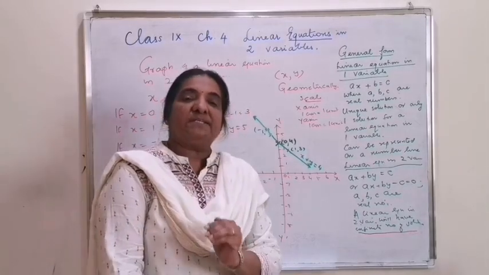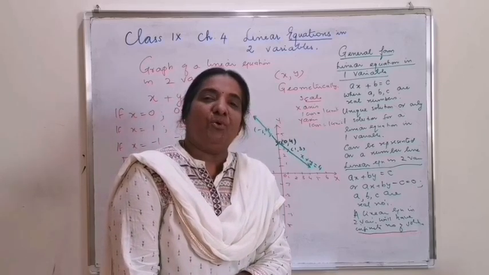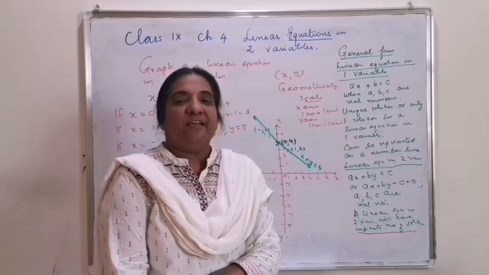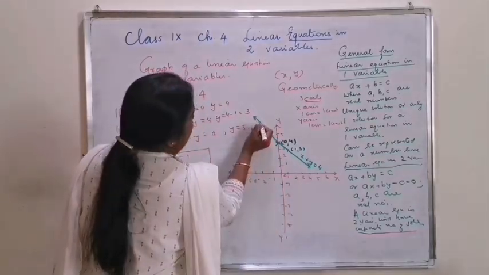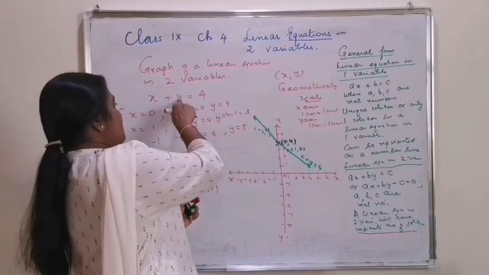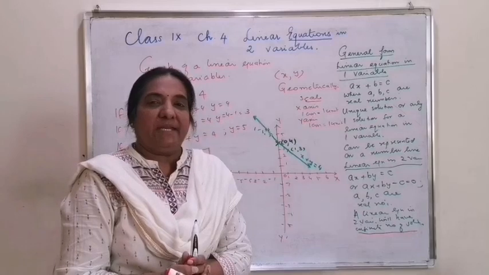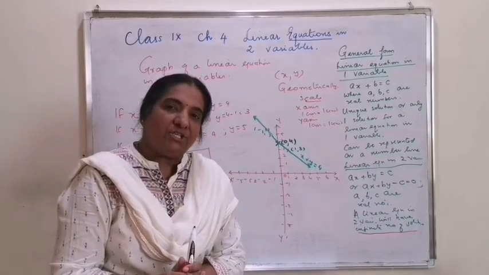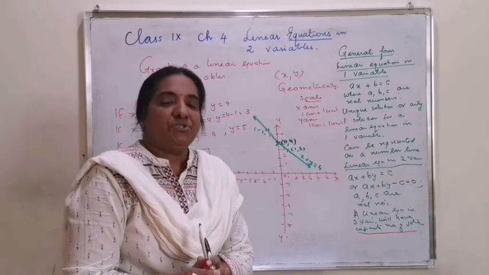The definition of a straight line is that it can be extended on both sides indefinitely, which shows that any point on this line is a solution of x plus y is equal to 4. That gives you the geometrical meaning that a linear equation in 2 variables has an infinite number of solutions.